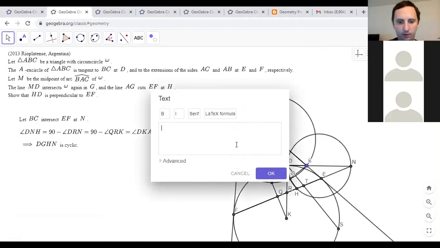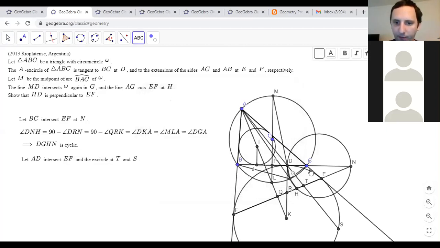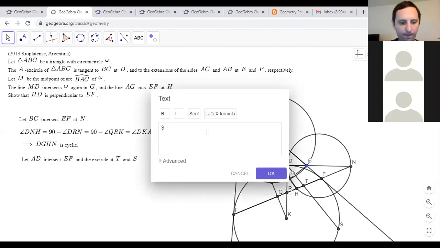All right. And then, so SD passes through A. So I'll just say DFSE is harmonic, since AD and AE are tangent to the X circle.